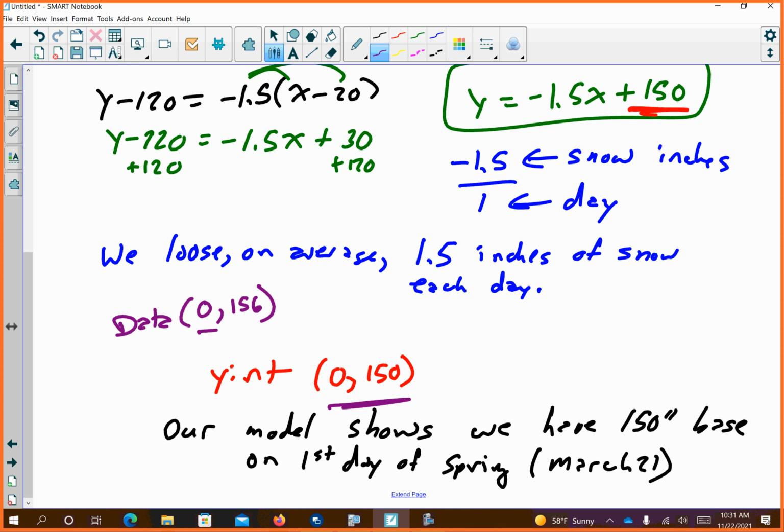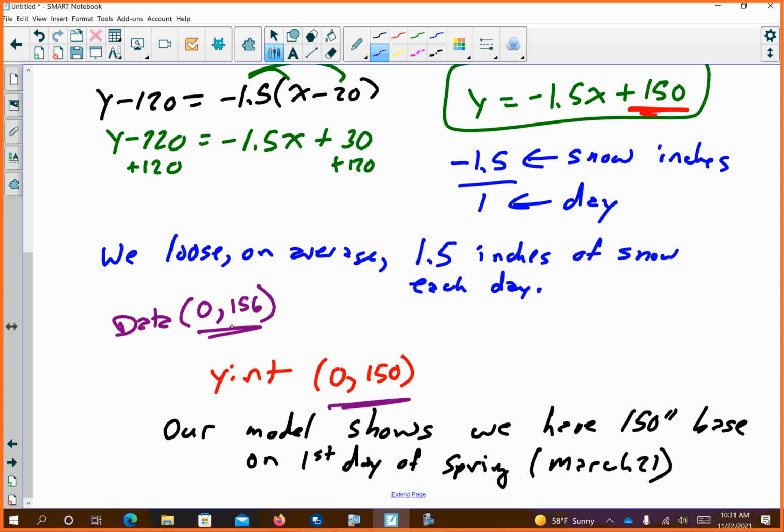So notice they're slightly different. Sometimes when you create your line of best fit, it doesn't always match up entirely. And that's okay. It should be pretty close, but notice that our data showed 0, 156, but our line of best fit that we created showed 0, 150.